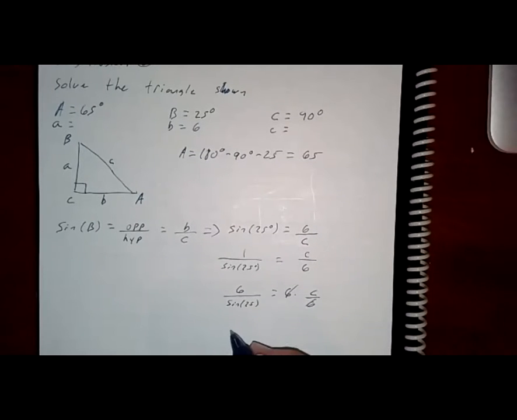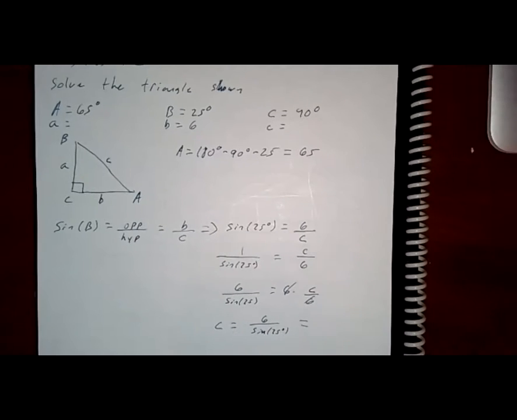We get c. So c is equal to 6 over sine 25 degrees. Oh, capital B is 25. We're good.